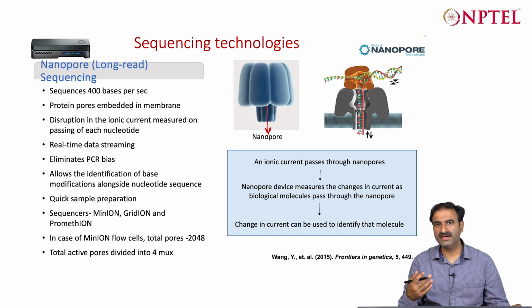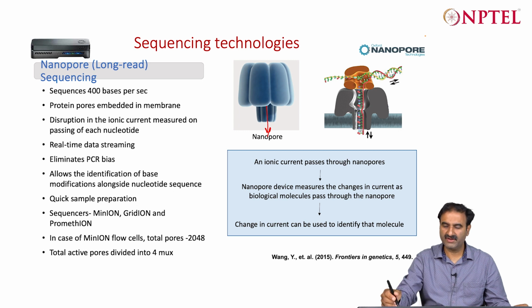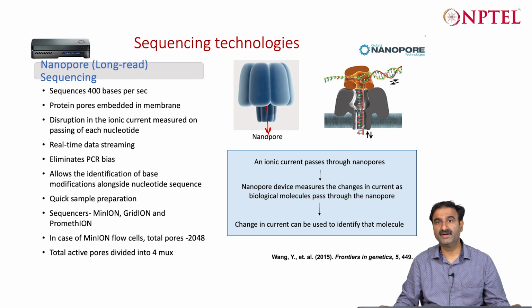The disturbance of the current, or voltage, determines which base is being scanned. It does not need any nucleotides, sequencing by synthesis or chain termination method, just detection base by base. That is why it can produce very long fragments up to hundreds of kb, and the average read length is also 10 kb, which is very good for larger genome assembly.